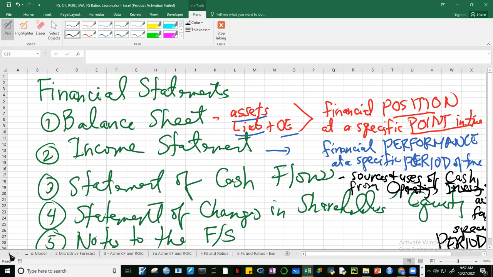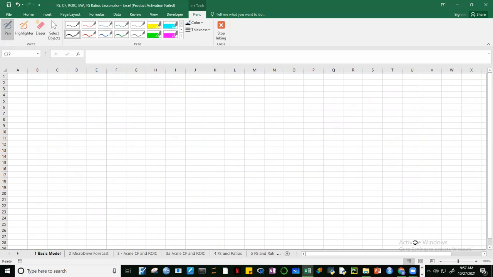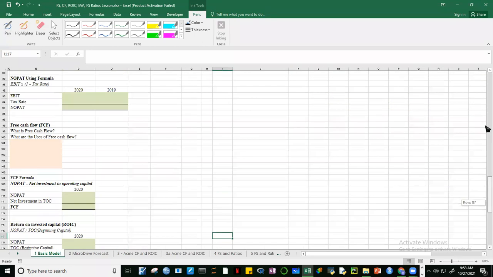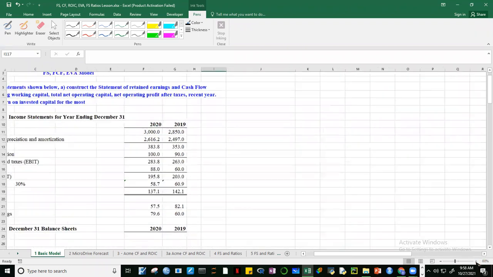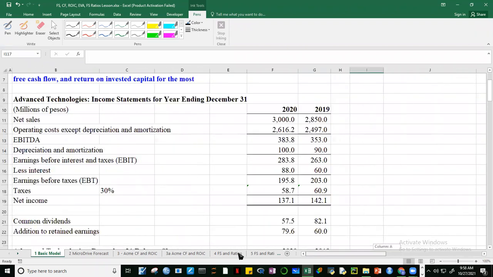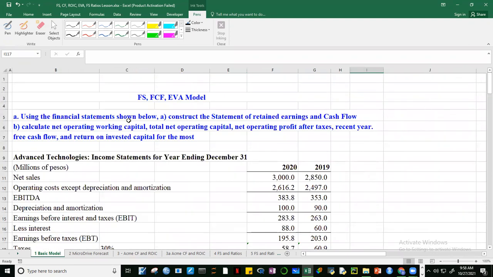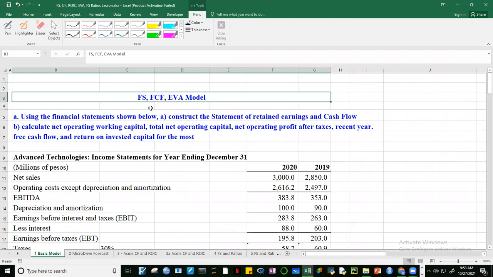Okay, so let's now go to the first page of this worksheet. What we're going to learn here is how to compute the financial statements, free cash flow, and the EVA, economic value added model.